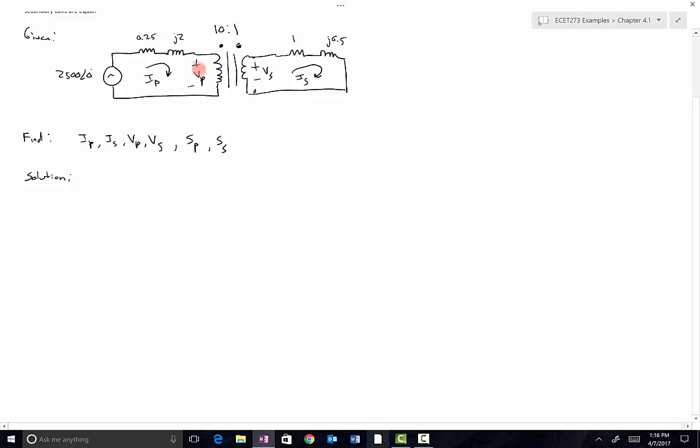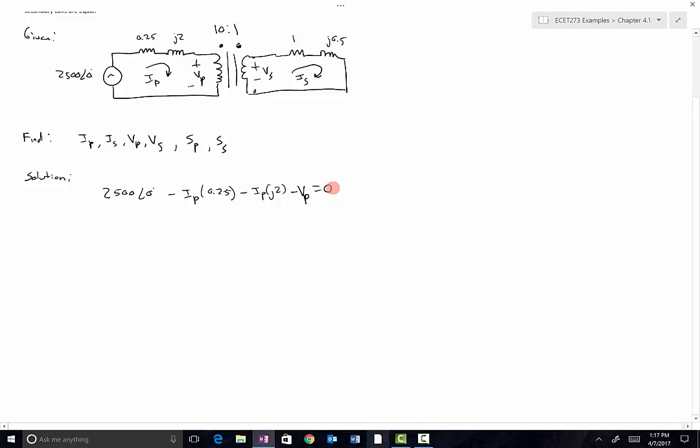So if I were writing Kirchhoff's voltage law for this loop right here, I would say that 2500 at angle 0 minus IP times 0.25, that's the voltage drop across that resistor, minus IP times j2, the voltage drop across that inductor. And then I've got minus VP, since I've got a voltage drop again there, equal to 0.